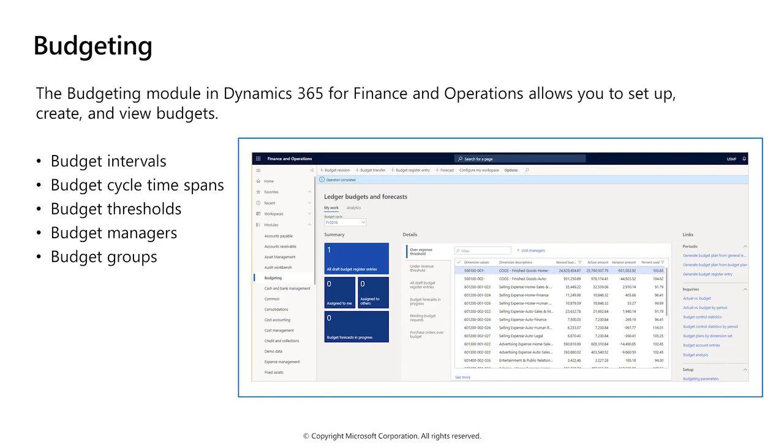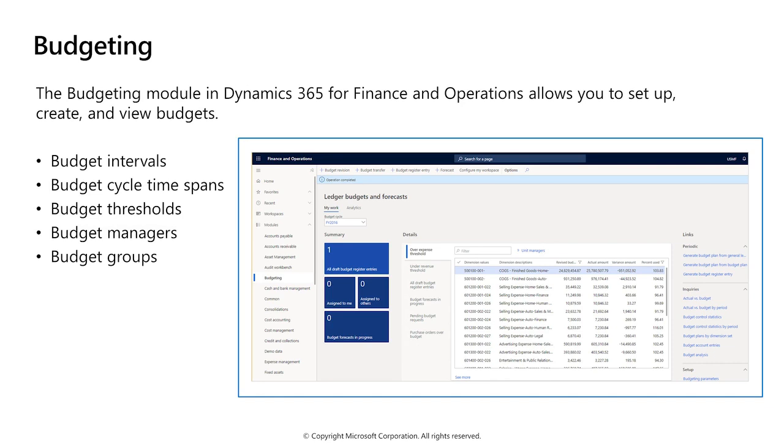You can create budget register entries for original budget, budget transfer, and budget revisions. Additionally, you can create budget register entries for encumbrance and pre-encumbrance for purchases and planned expenditures.